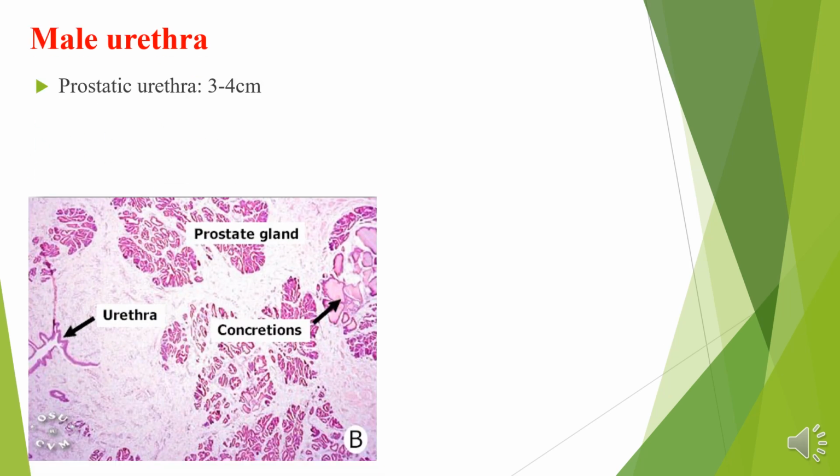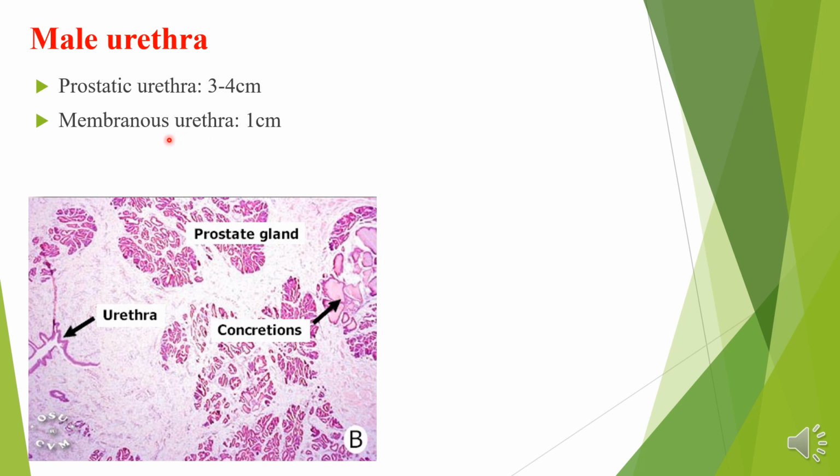In the male urethra, the prostatic urethra is 3 to 4 centimeters. It is present in the substance of the prostate and it is lined by the transitional epithelium. Then is the membranous urethra, which is just 1 centimeter long.